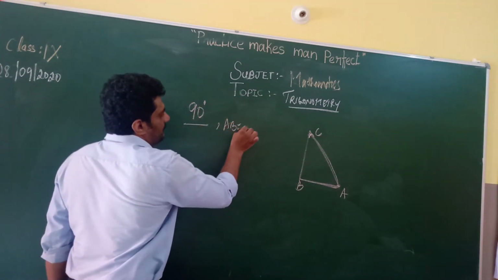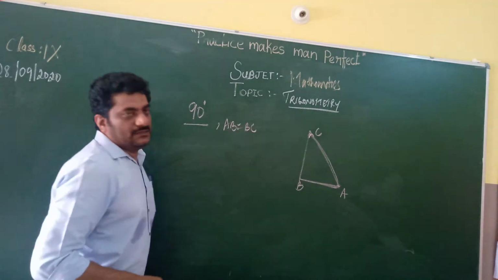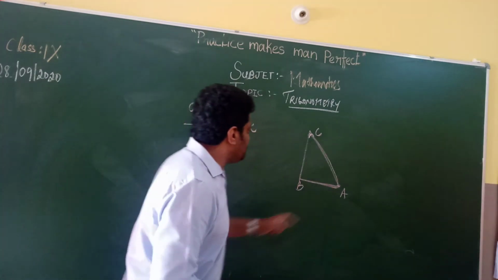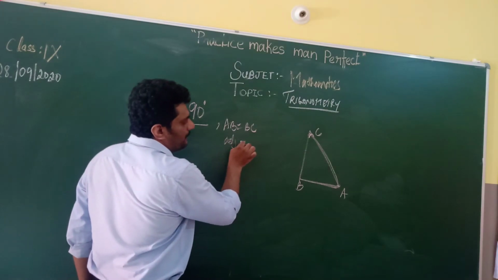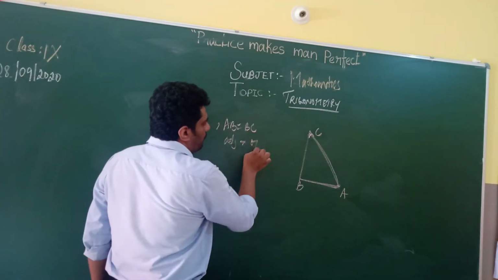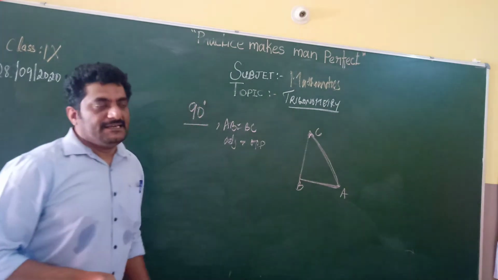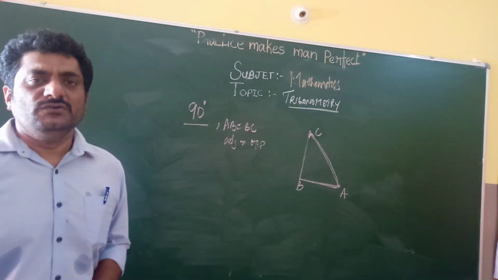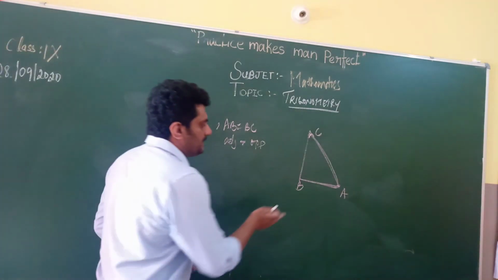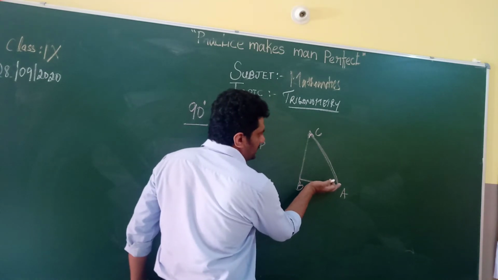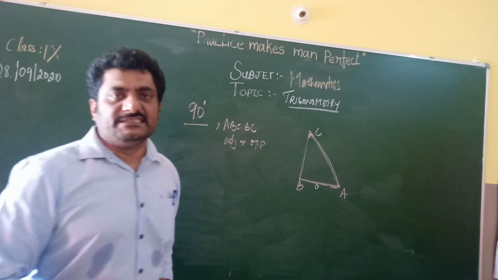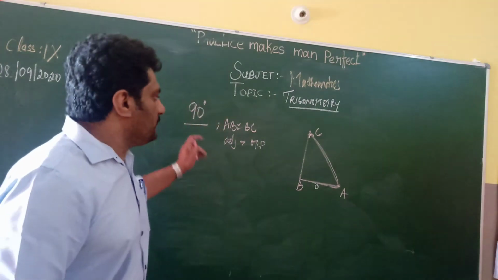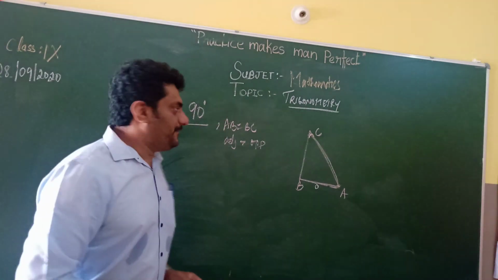AB will be equal to BC, which is nothing but adjacent. Adjacent will be equal to opposite. Correct? Now, based on this, we have to take the value. See here, this adjacent will be equal to 0. We don't have the adjacent at all. So based on this, we have to take the value.